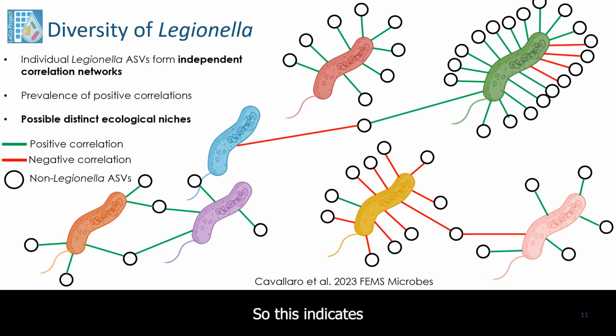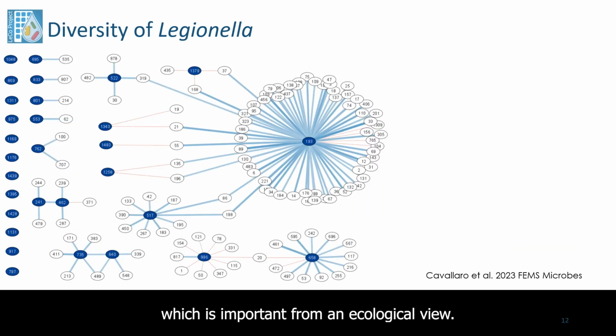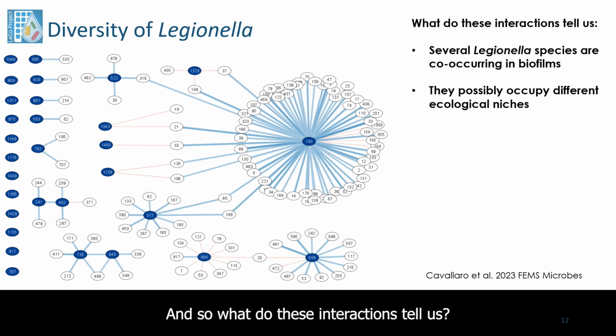So this indicates that possibly different Legionella species in the environment are colonizing distinct ecological niches, which is important from an ecological perspective. This is the actual figure that was published in the article that we wrote. And so what do these interactions tell us? Again, several Legionella species are occurring in biofilm. They possibly occupy different ecological niches.